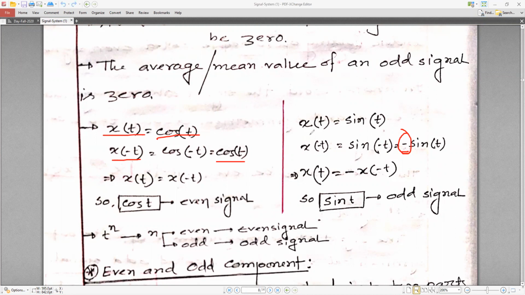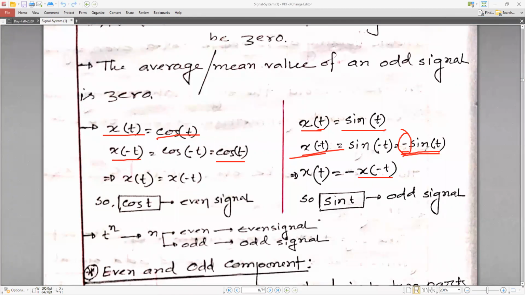But here x(t) is equal to sin t. x(minus t) is equal to minus sin t. That means x(t) is equal to minus of x(minus t).